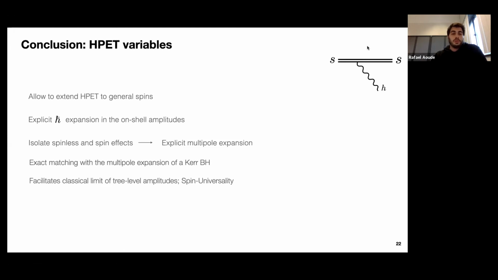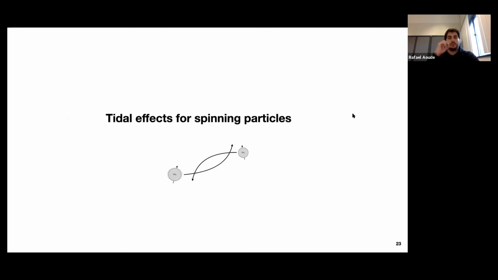The h-bar expansion is clear in the on-shell amplitudes, and we isolate the spinless and the spin effects, allowing us to see a clear multipole expansion, which in the minimal coupling agrees with the black hole, and also facilitates taking the classical limits of the three-point amplitudes. So this is what I have to say for the first part of the talk. Maybe we have some questions at this point.